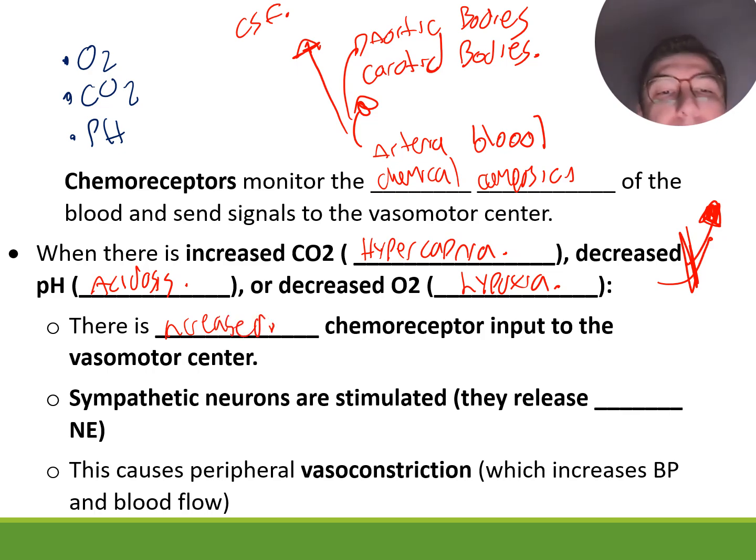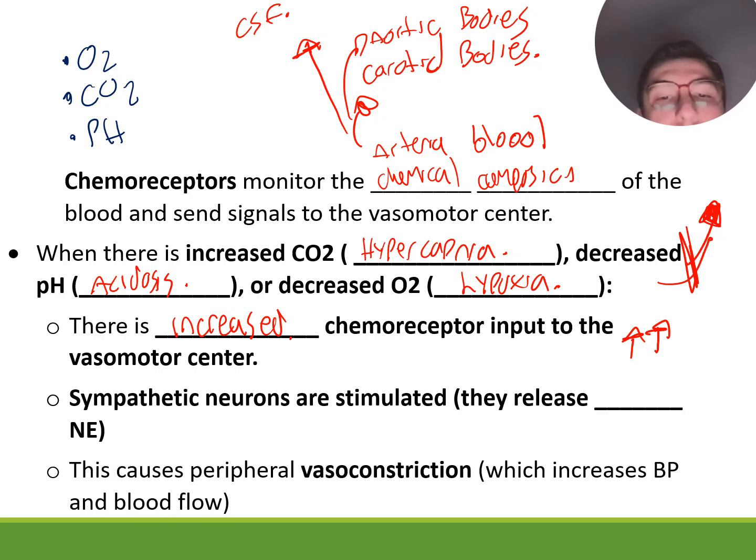Let me just erase that and write it right. When we have acidosis, hypercapnia, hypoxia, there is an increased chemoreceptor input to the vasomotor center. So we're increasing it, and that is going to cause sympathetic neurons, so it's going to cause a cardioacceleratory response.